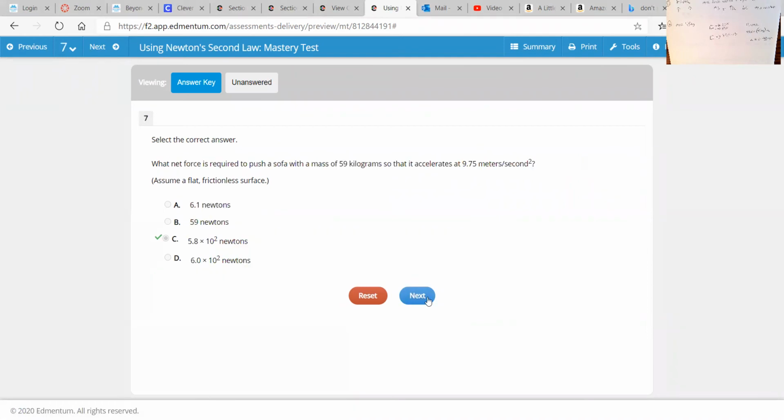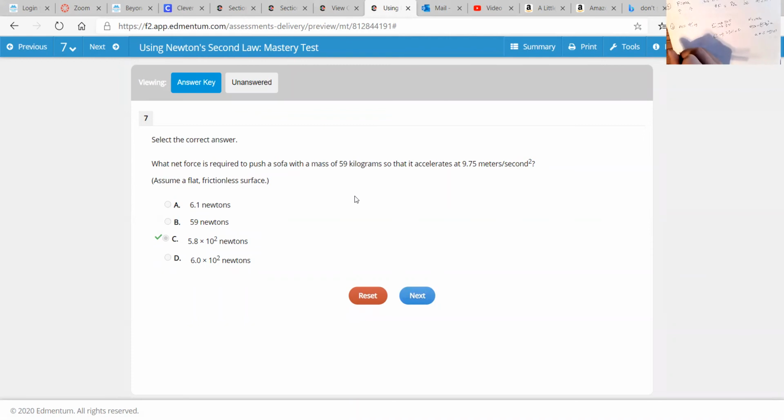Okay, moving on. What net force is required to push a sofa with a mass of 59 kilograms so that it accelerates at 9.75 meters per second squared? Assume a flat frictionless surface.